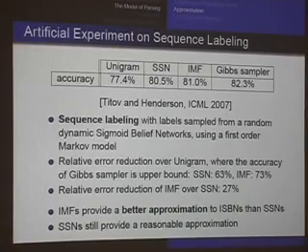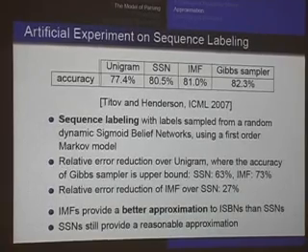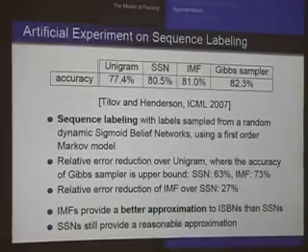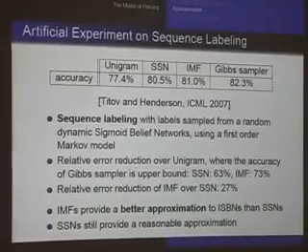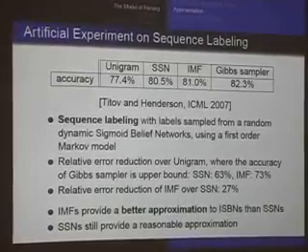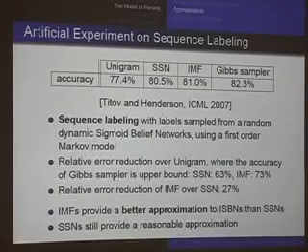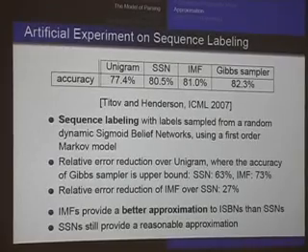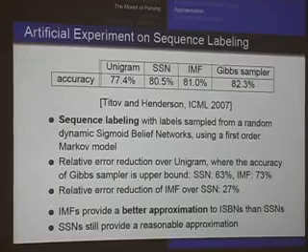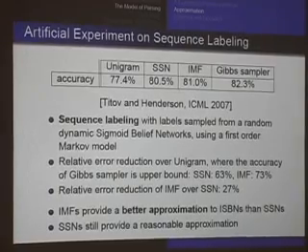I'm sorry, what are we looking at? What problem was this? This is just artificially generated problems. We took a Markovian version of this model and randomly generated the parameters of the ISBN. Is this parsing or part of speech tagging? It's part of speech tagging, sequence labeling. I forget. We had a small number of labels, defined a model, and generated a bunch of sequences.